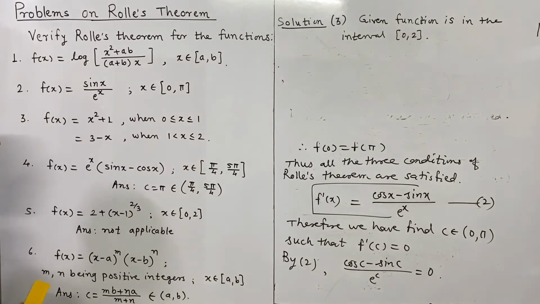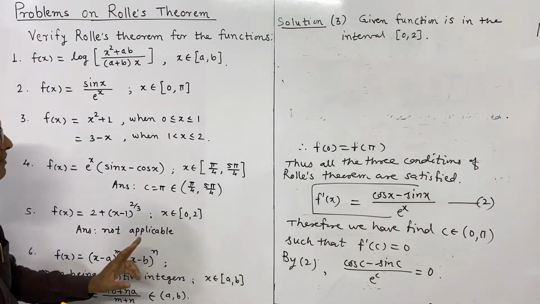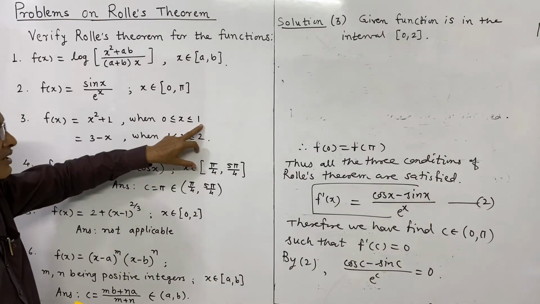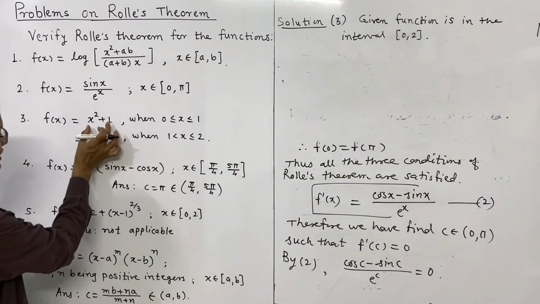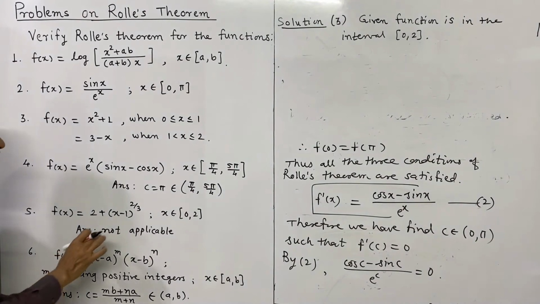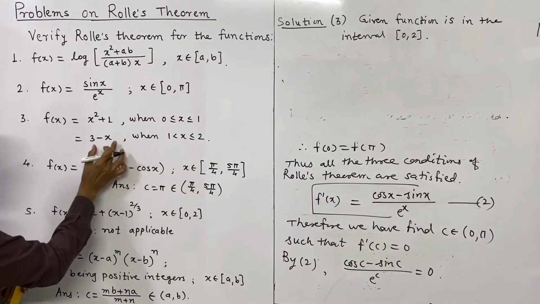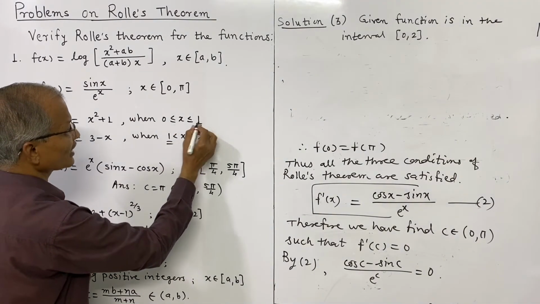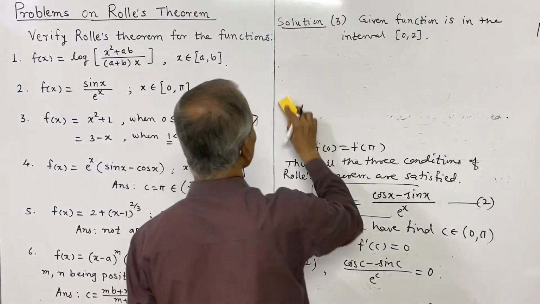Then what happens about the continuity? The function is continuous at every point except possibly at point 1, because at point 1 it changes its definition. On the left side of 1 it has the x square plus 1 definition, and on the right side of 1, if x is greater than 1, then it has 3 minus x. So we have to check the function's continuity at this point 1, where it changes the definition.